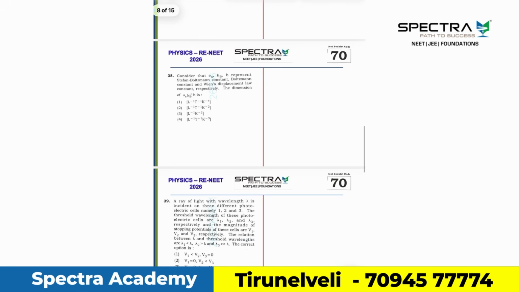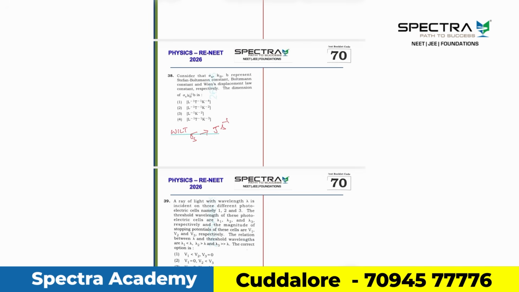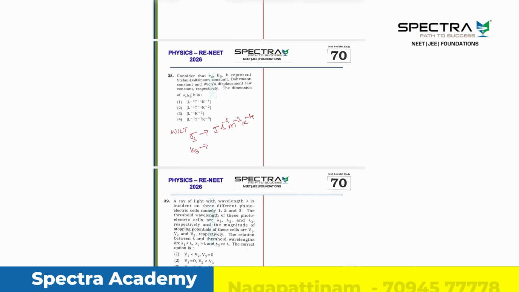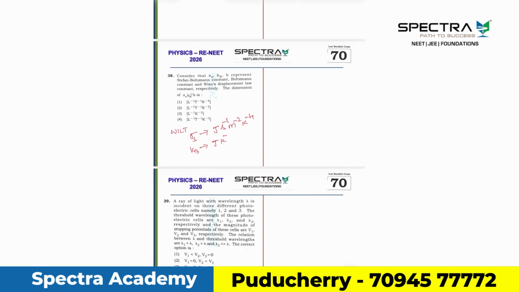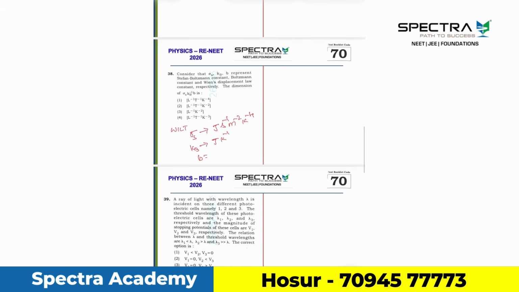So for that, we have to know that sigma s will have the unit joule per second per meter square per Kelvin power 4, and Boltzmann's constant will have the unit joule per Kelvin, and Wien's displacement law constant will have the unit meter Kelvin.